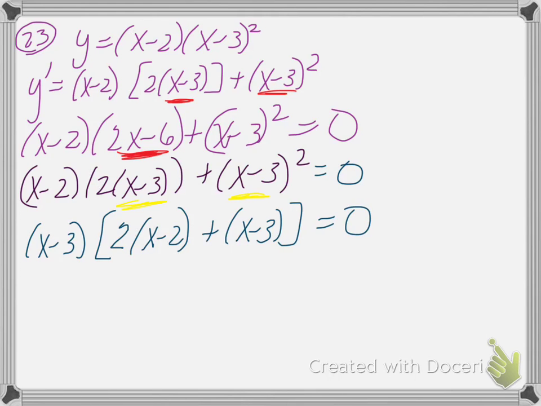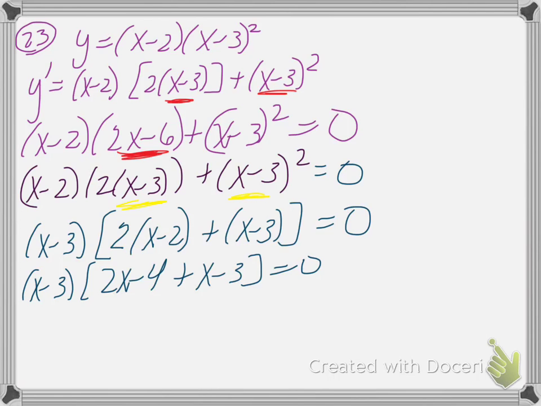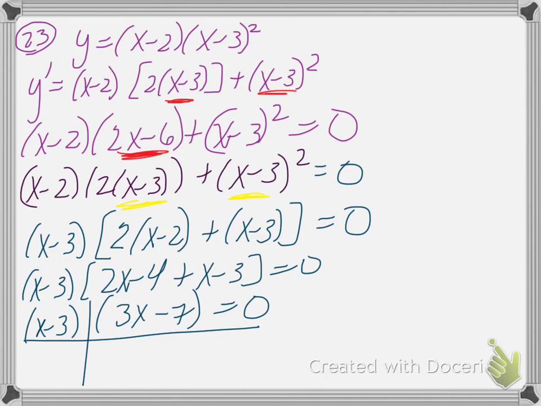Okay, so now I'm going to simplify a little bit. 2x minus 4. And I'm going to simplify one more time. So 2x and 1x is 3x, and a negative 4 and a negative 3 is negative 7. And now I'll get two solutions, x equals 3 and x equals 7 over 3.